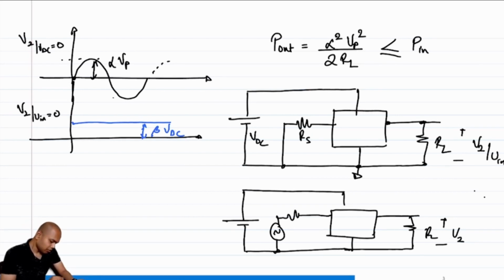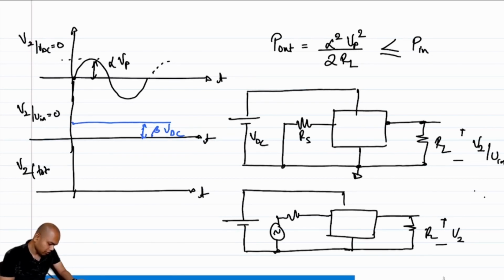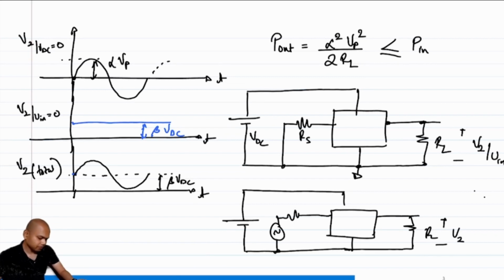So if I add these two waveforms up, this is V2 total. I should get this sinusoid riding on top of a DC voltage, shifted up by this value of beta VDC.